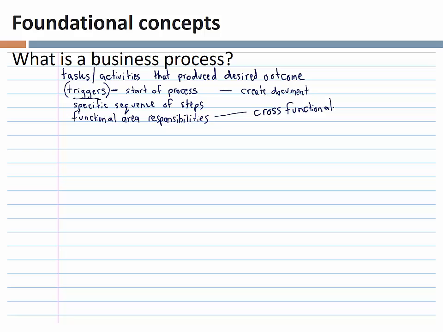This is a great definition, but I'm going to add just a couple of things to it, which is a business process carries with it, I'll just write over here to the side, carries with it a flow of information. So step one might gather a particular piece of information which it passes on to step 2.